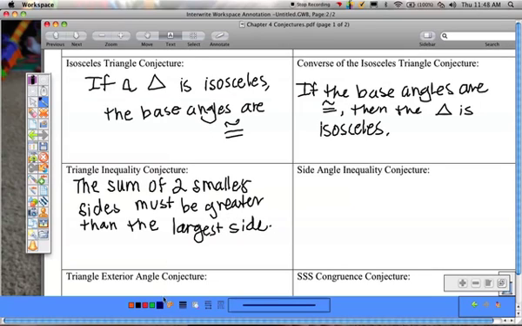The side angle inequality conjecture just says in a triangle, basically it says that the largest side is across from the largest angle.